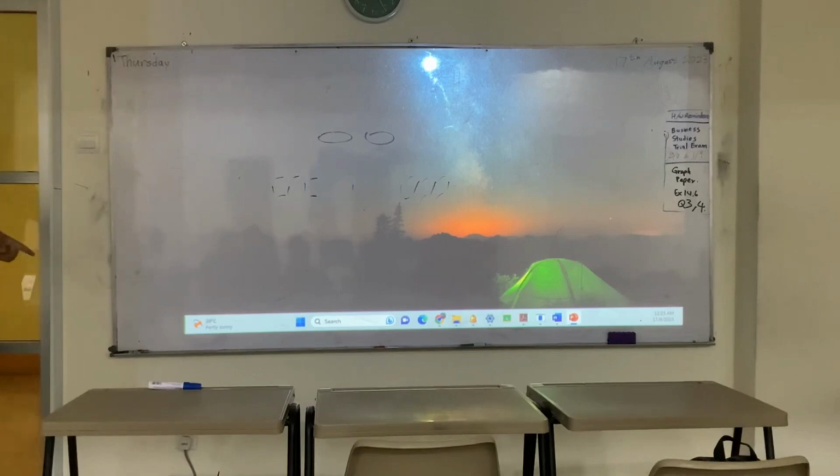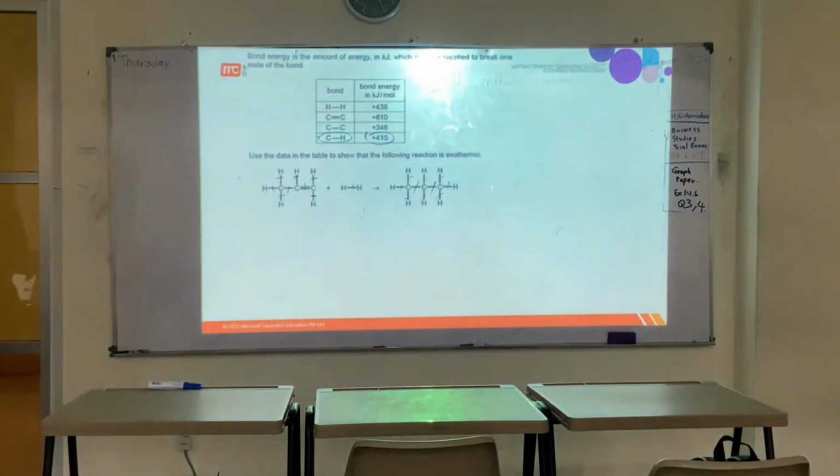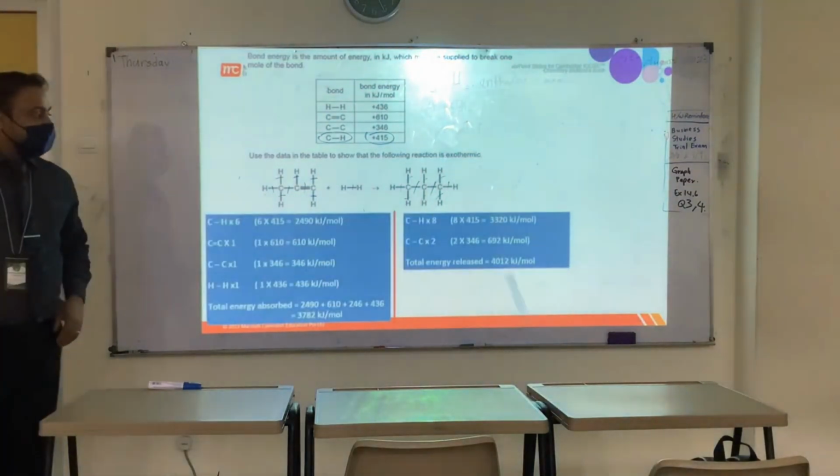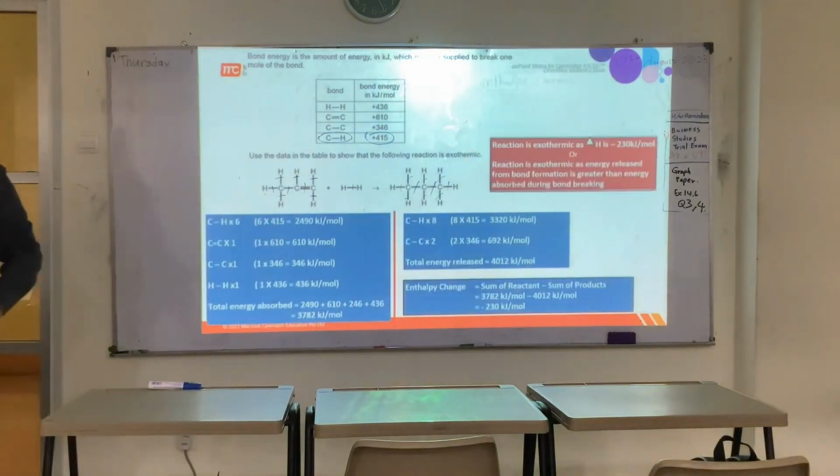So you get 1 mark for the energy absorbed, 1 mark for the energy released, and then 1 mark for the conclusion to say why it is exothermic. Calculation is 2 marks, then 1 mark for conclusion. Yeah, correct. So this is usually a 3 mark question.